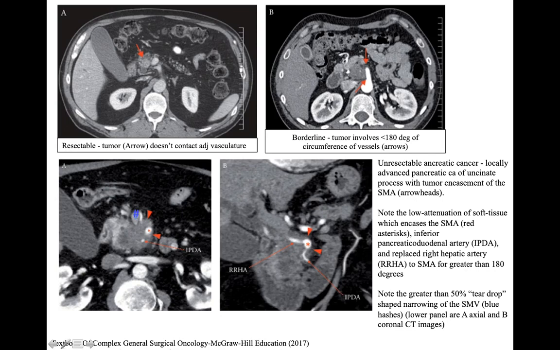This is important because if the neoplasm, which is shown over here by this enhancing nodule in the pancreas, is not encasing the vasculature, it can be resected. If the neoplasm is abutting the vasculature, this is borderline resectable, but if it's involving less than 180 degrees, it can be resected. But if the neoplasm is completely encompassing the vasculature over here, unfortunately it cannot be resected.